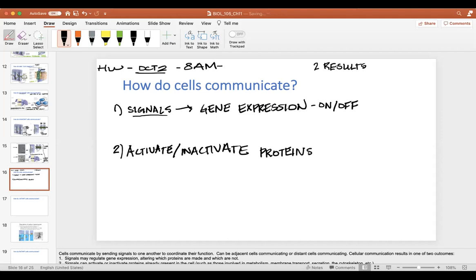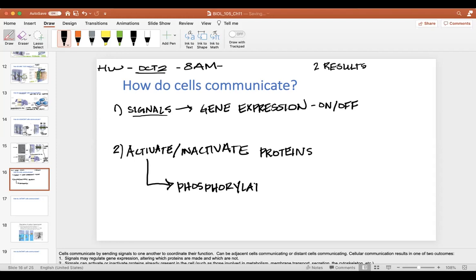Maybe the signal is turning an enzyme on or off, okay? So one thing that we are going to focus on as a mechanism for activating some proteins is that we can add a phosphate group through a process called phosphorylation.